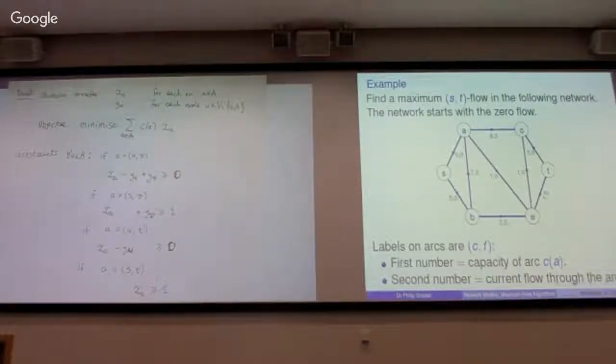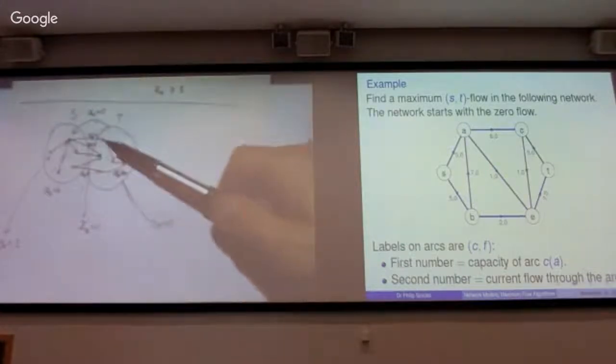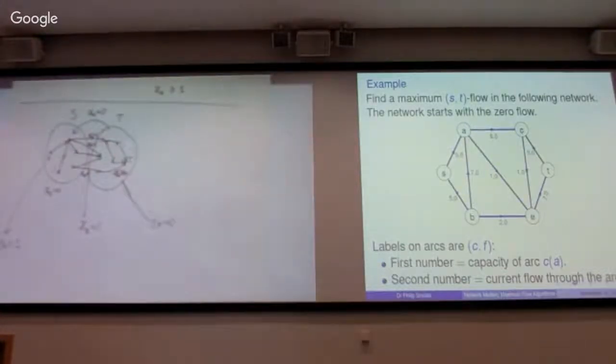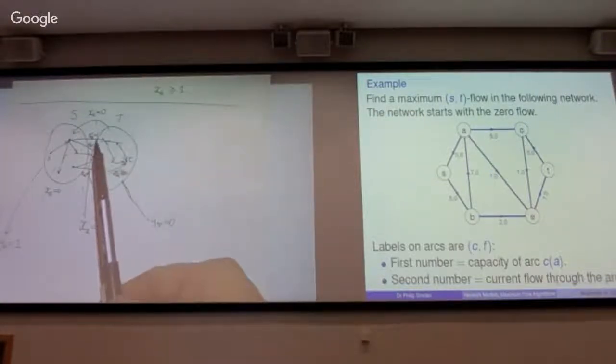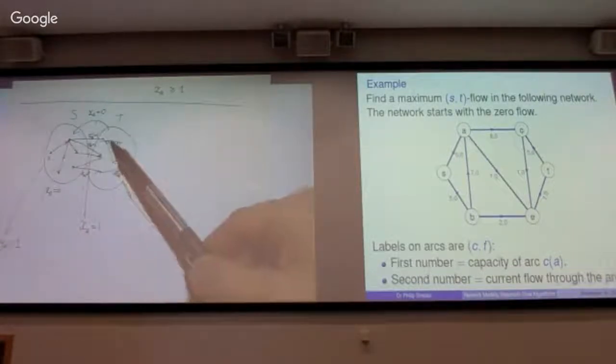But just as one example, if you have an arc UV, like this one, that goes from S to T, then its decision variable is 1. Here it's 1, and here it's 0.